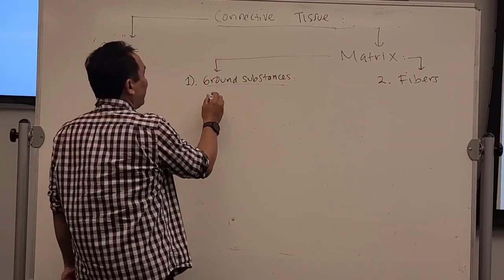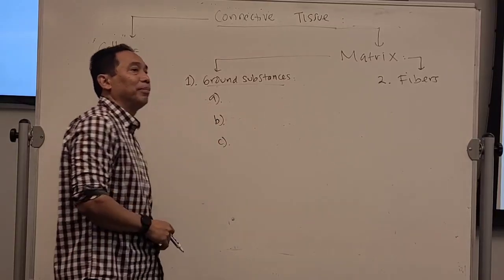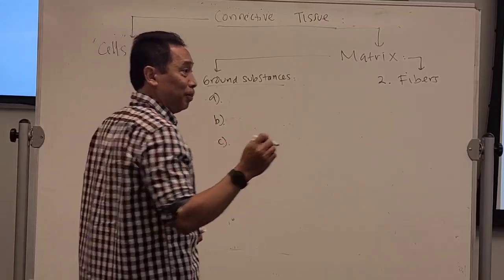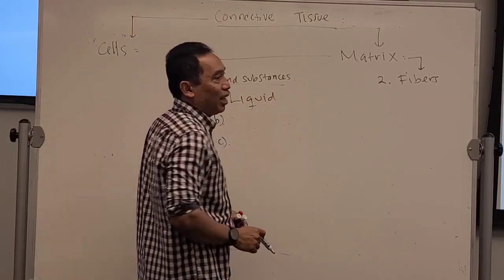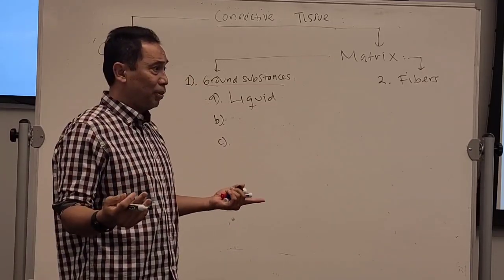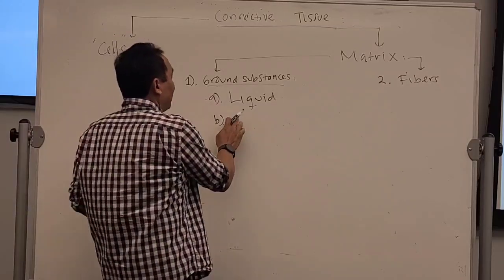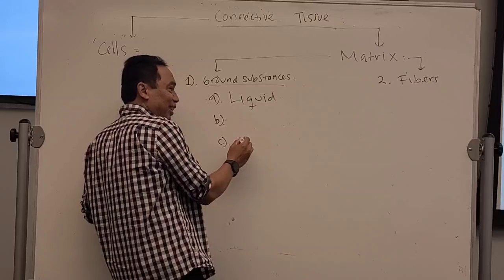Now there are 3 types of ground substances. If it looks like water, it's called liquid. Liquid ground substance, like in the blood and in the lymphatic tissue. They are fluid. And then the last one, I'm going to put the last one first because you have liquid, then you have what?